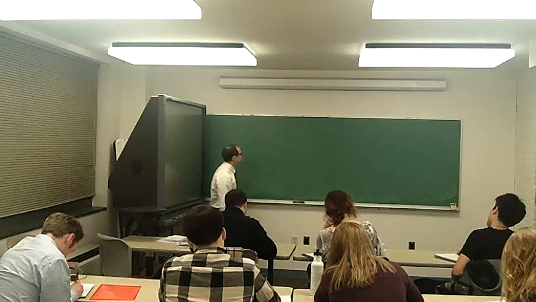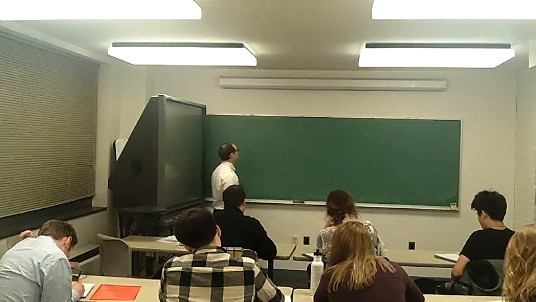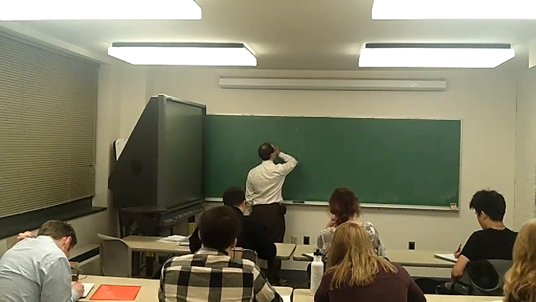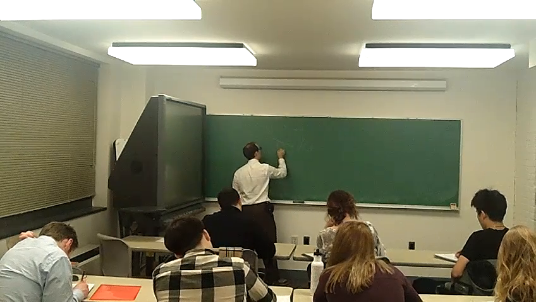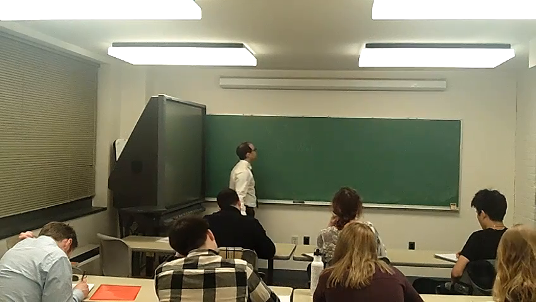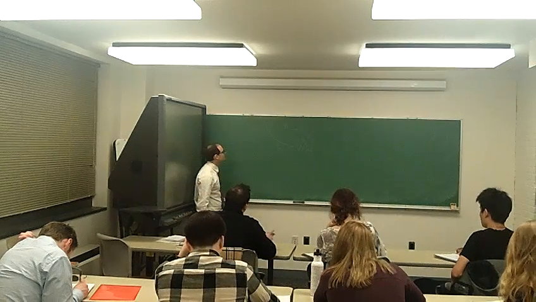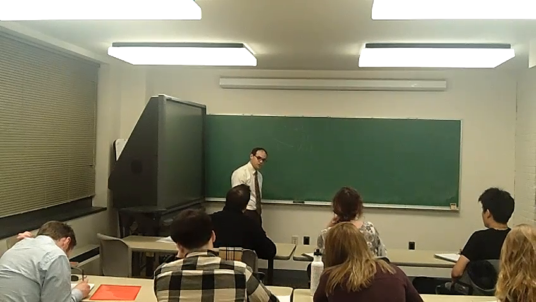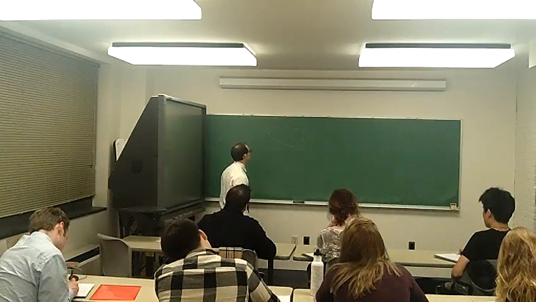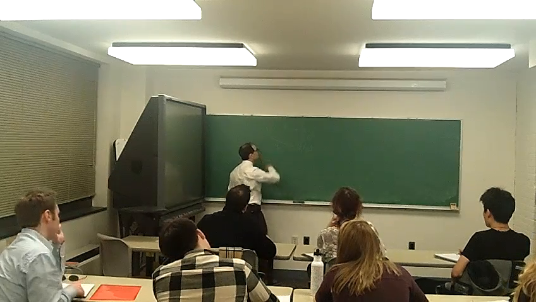Here is a potentially commutative diagram. I need to, of course, label these with different names. This could be P, Q, and R. Now, the directions actually matter. These maps have directionality. This has a domain and a range.